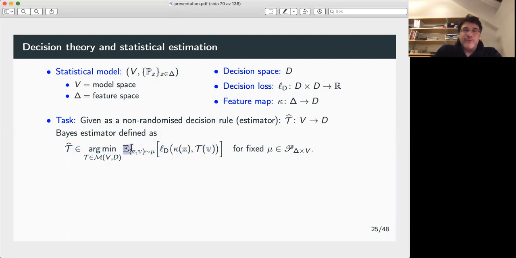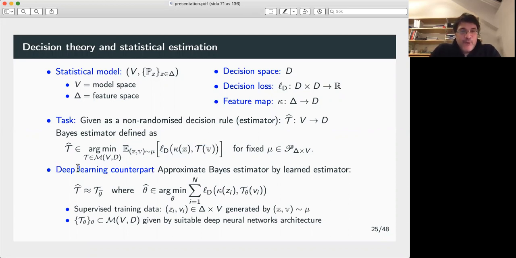This is the averaging component here. The average error in terms of the loss function on decision space. Okay, this is very abstract here. And of course, I need this joint probability measure and so on, very similar to what we had with reconstruction. And the deep learning counterpart is to say that we don't have access to this measure mu, but we have training data generated by this joint law.